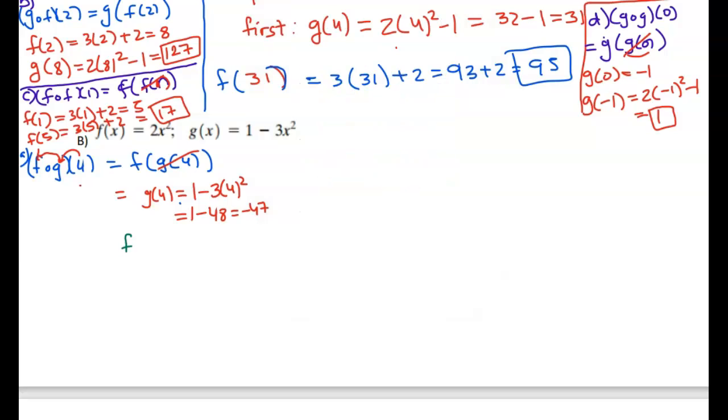So we take f at -47, which is 2 times -47 squared. So we've got to square 47, which I have no idea what it is, and then multiply by 2. Okay, so 47 squared gives me 2209, times 2 is 4418. There we go.